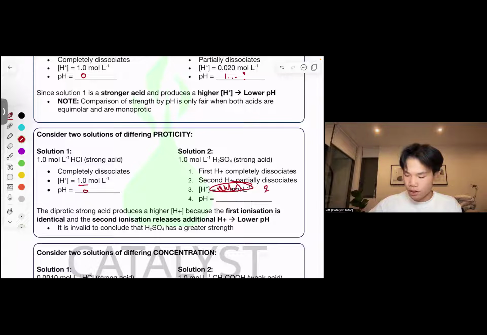So let's just say it's 2 mole per liter of H+. What's the pH? Type in chat. What is the pH of H2SO4 that delivers an H+ concentration of 2 mole per liter?